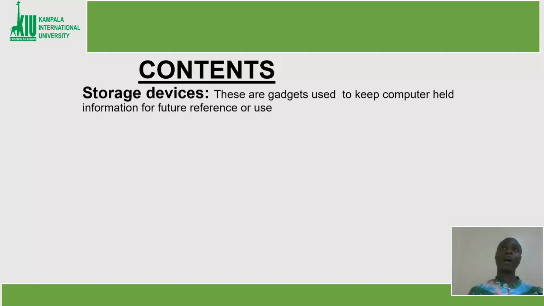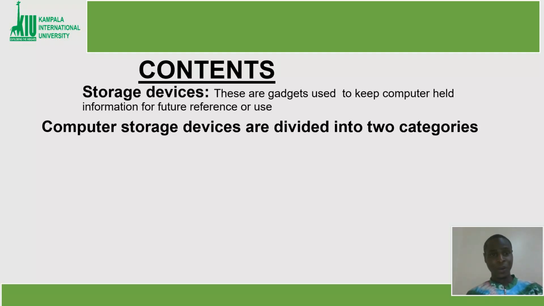Like when you have your record, you can keep it on memory cards, and when you want to use it, you can use computers or phones. Then under the storage devices, we have categories.